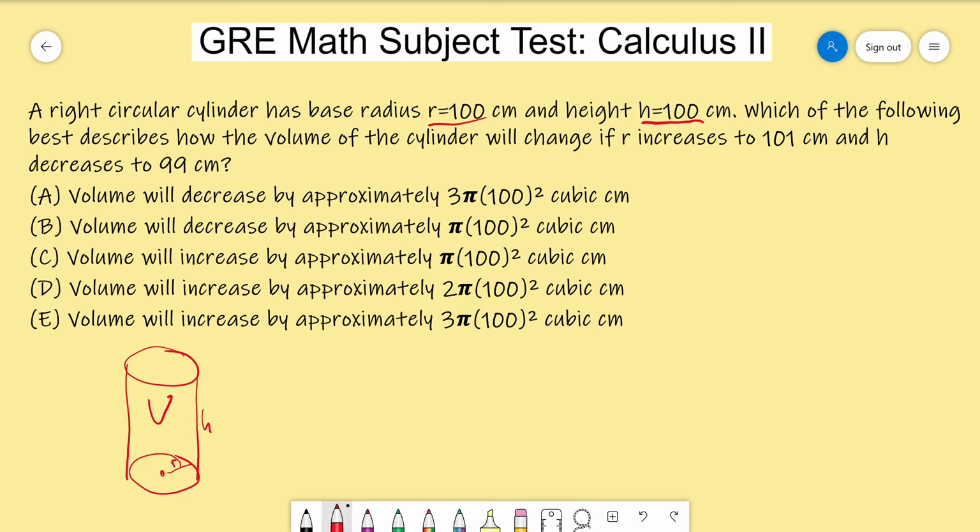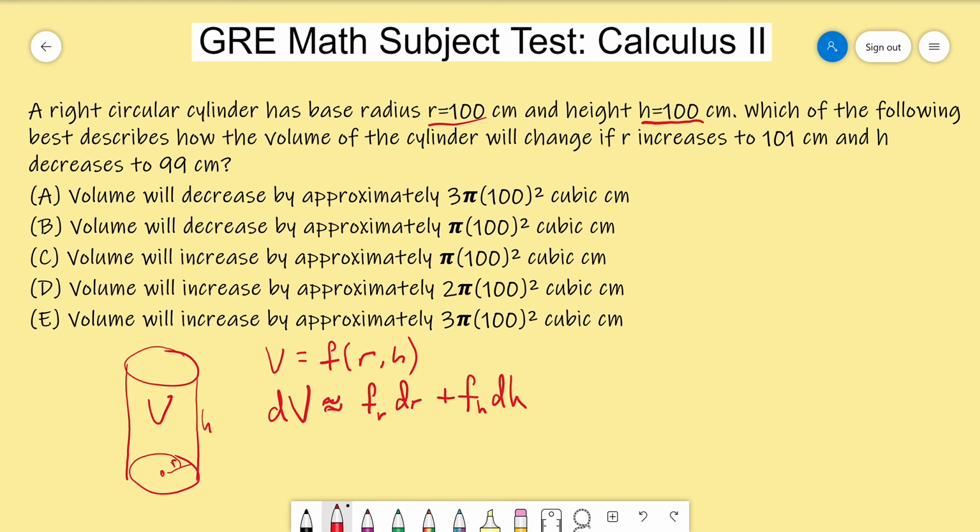Just remember that if you have a volume equal to some function of, let's say, r and h, then the small change in the volume is approximately equal to the partial derivative of f with respect to r times dr plus the partial derivative of f with respect to h times the small change dh.